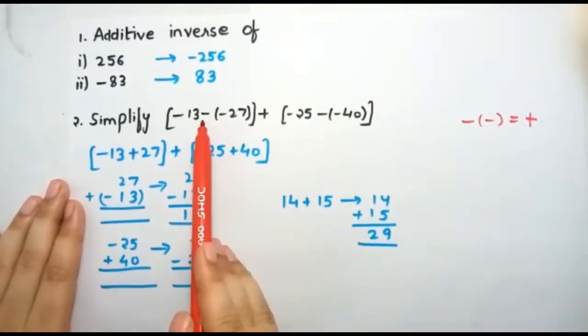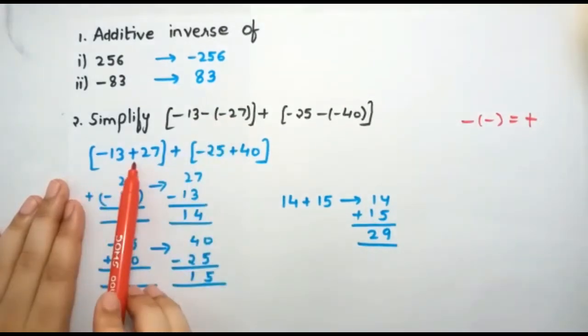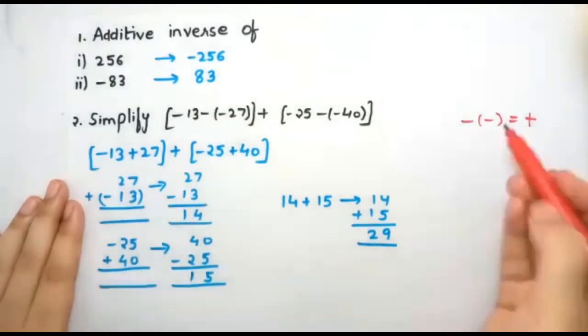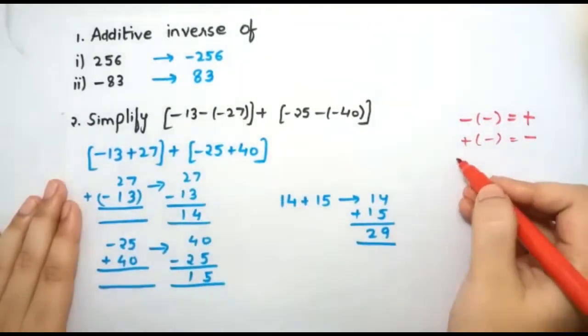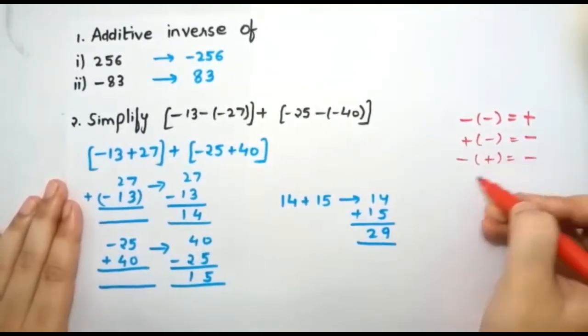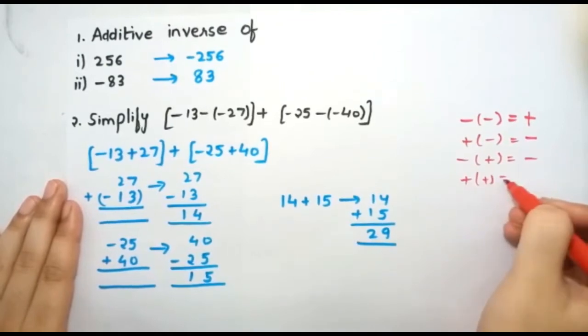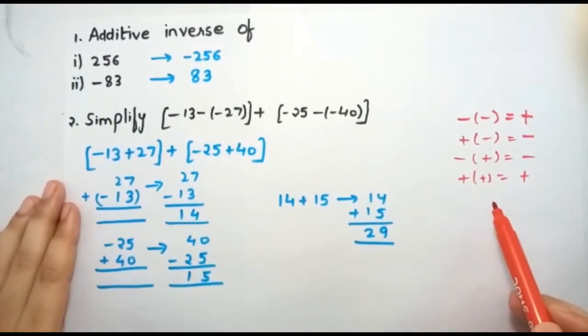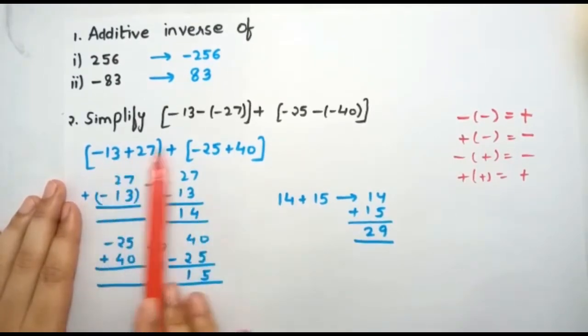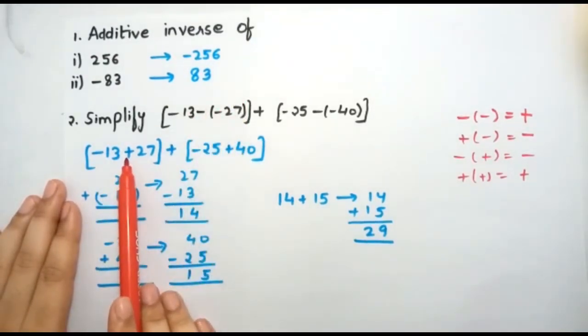So here you are saying minus and minus, so the answer would be plus. We have studied the 4 basic operations. Plus and minus would be minus. Minus and plus would be minus, and plus and plus would be plus. So these are the basic operations that I am talking about. So minus and minus would be plus.